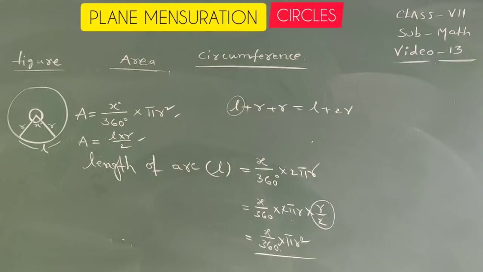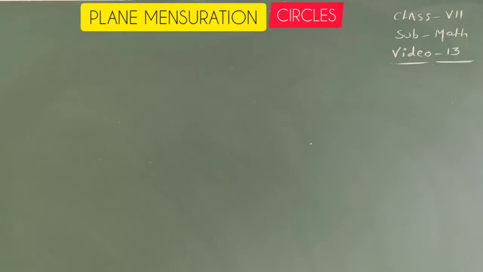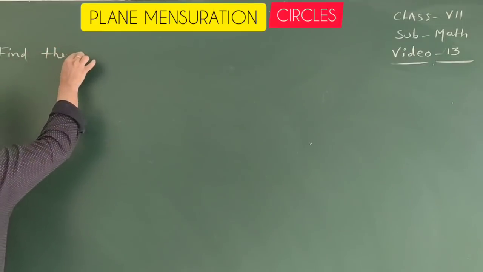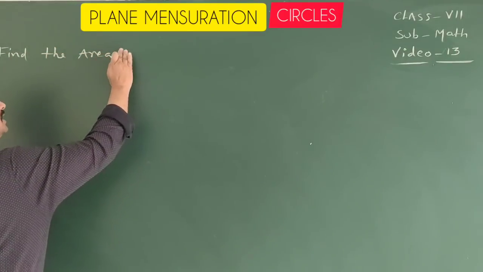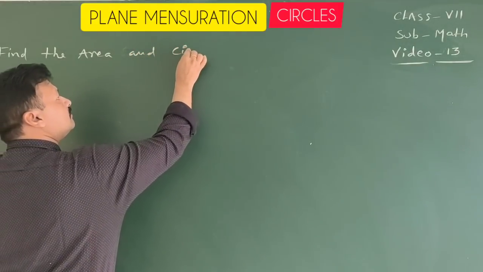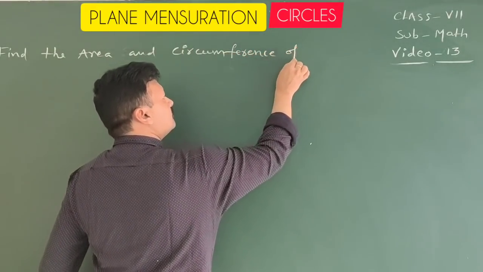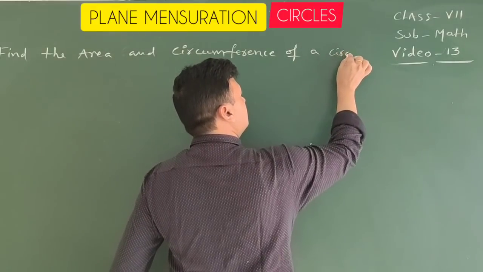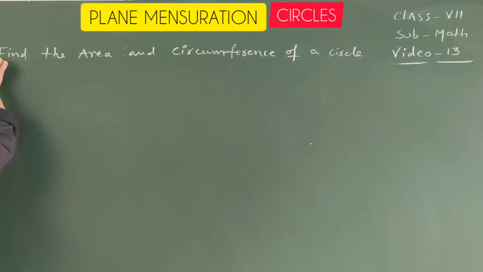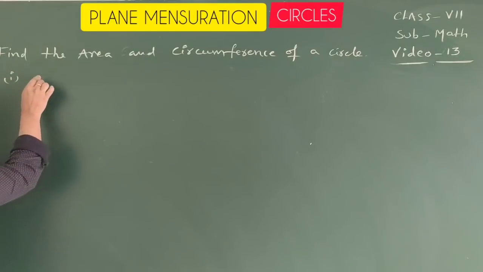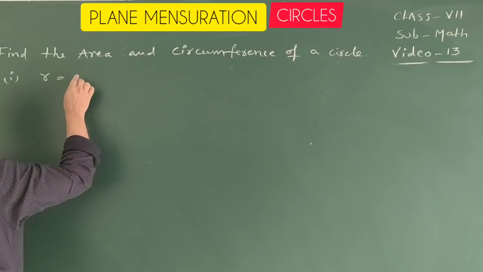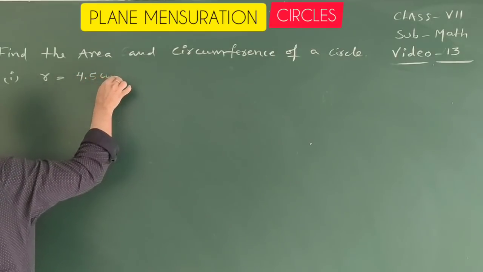Now we will continue with the exercise. Find the area and the circumference of a circle when the radius is 4.5 centimeters.